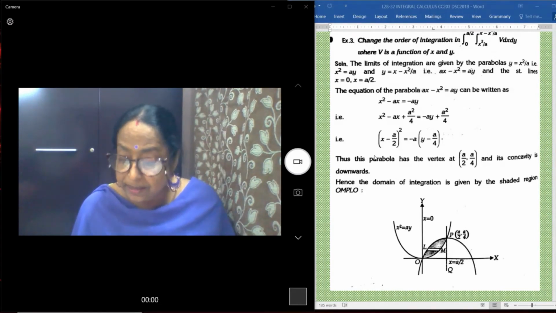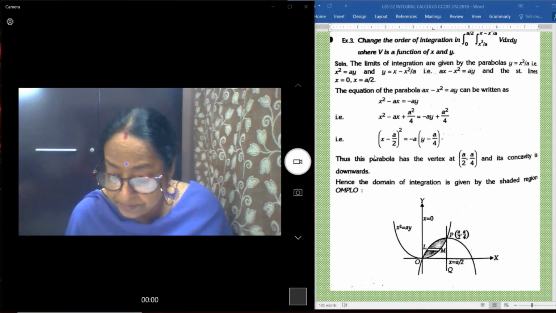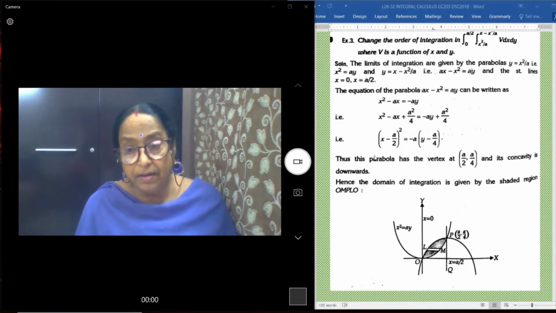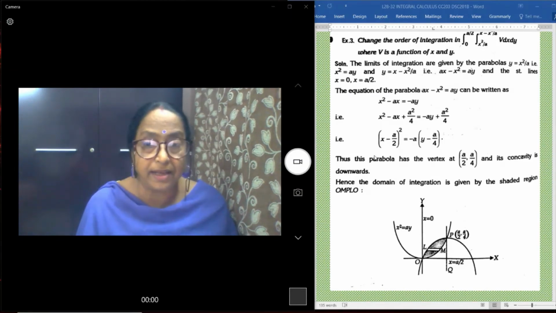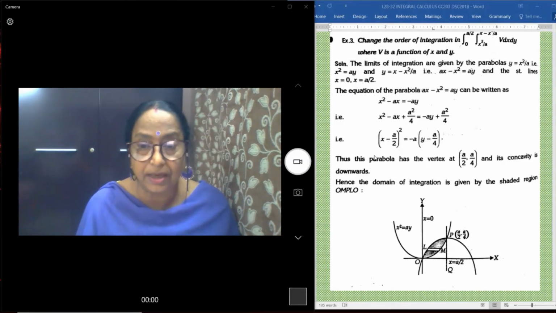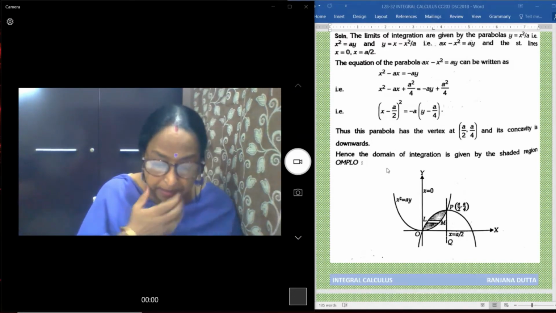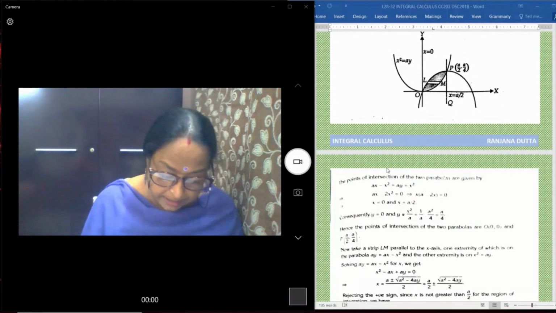And since it is the change of order, you have to write y first and then x, and then putting the limits we can get the integral, as you can see.